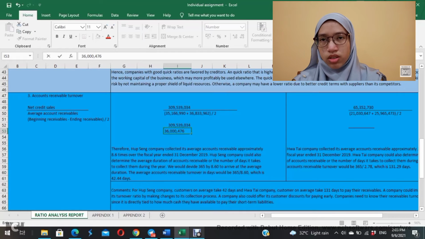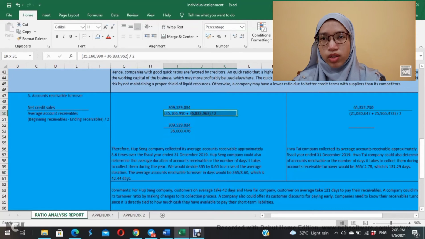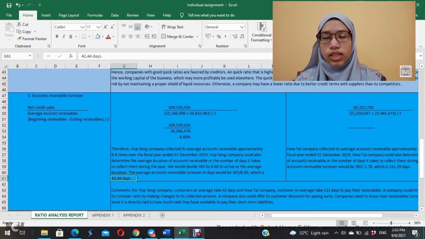The average account receivable is beginning accounts receivable plus ending accounts receivable, then divide by 2. Then we get 8.6 for accounts receivable turnover. Therefore, Hapseng Company collect its average account receivable approximately 8.6 times over the fiscal year ended 31st December 2019.